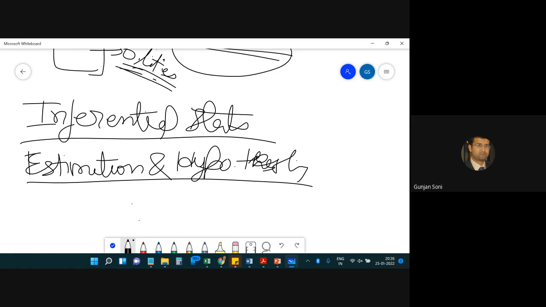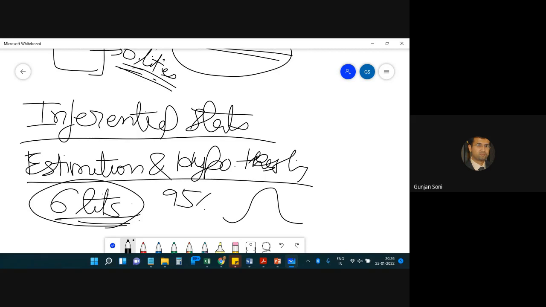Like if I take out 100 samples, getting it? What I was saying is 6 liters should be the weight of it. So if I take out 100 samples, and among those 100 samples, 95% of the samples fall between, let's say, 5.97 to 6.02.